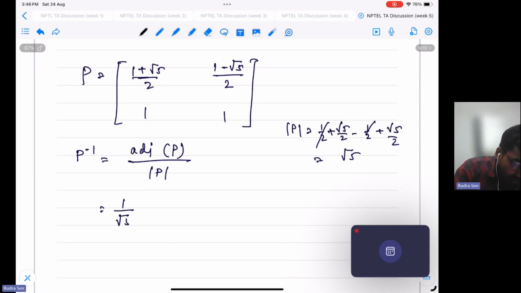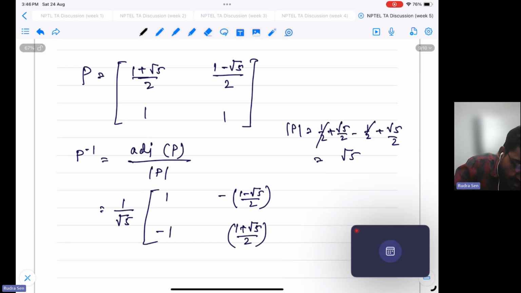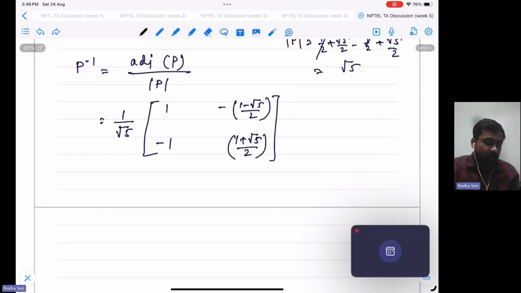So 1 by root 5 is over here. And adjoint is 1, minus (1 minus root 5)/2, minus 1, and (1 plus root 5)/2. So this is P inverse.